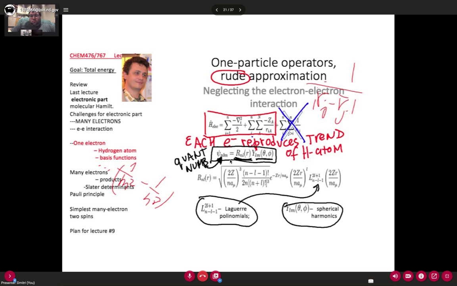It tells psi NLM equals R capital times Y capital, right? So N, L and M are quantum numbers that a lot of us see in freshman chemistry: principal, orbital, and magnetic. And R capital and Y capital is a factorization of this one-electron wave function into radial part and orbital part.